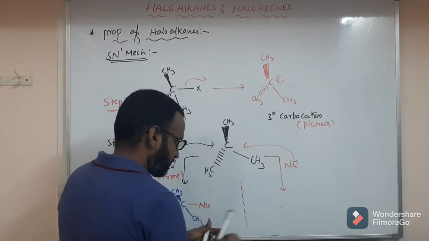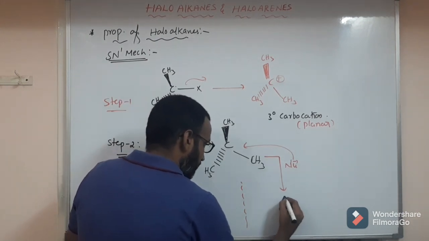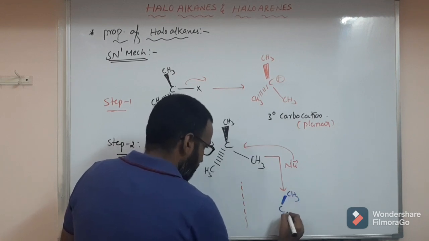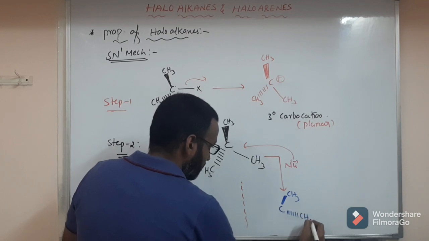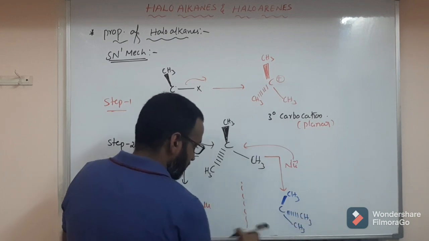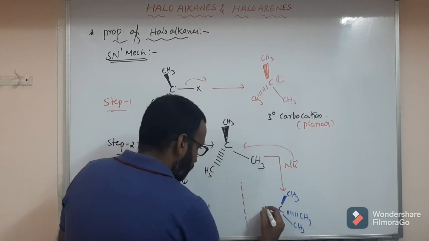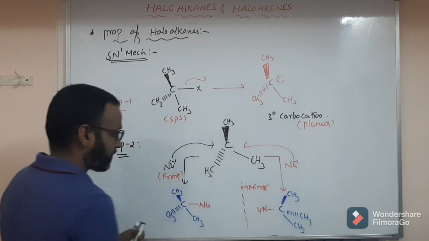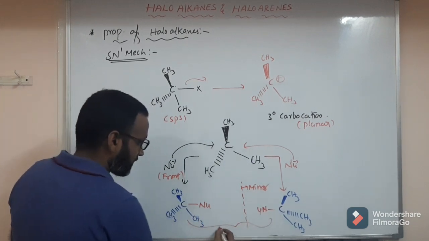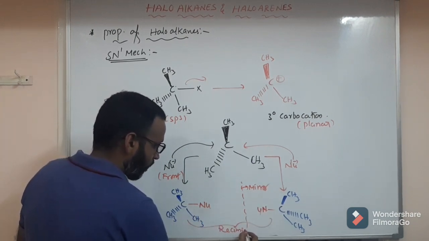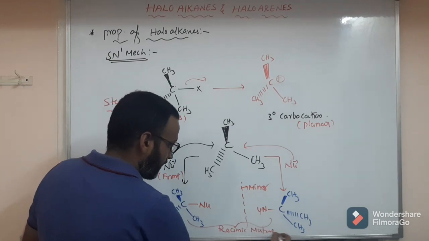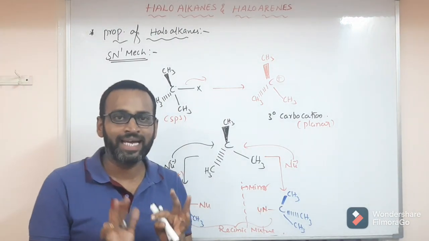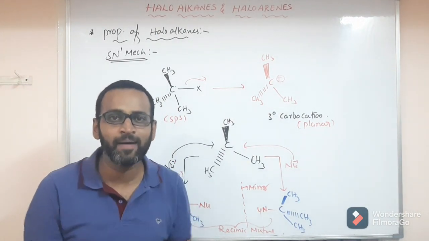Now see, here you have a methyl, CH3, and one more methyl, and one more methyl. Now the nucleophile approached from the back side. So these are mirror images. So what you have here is a racemic mixture. A racemic mixture forms when the nucleophilic substitution reaction happens by the SN1 mechanism.